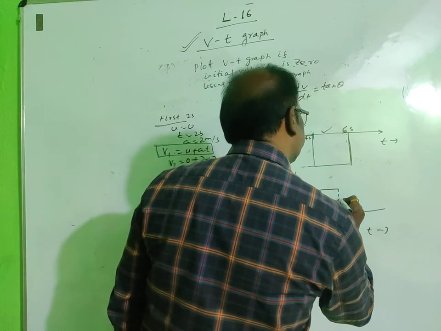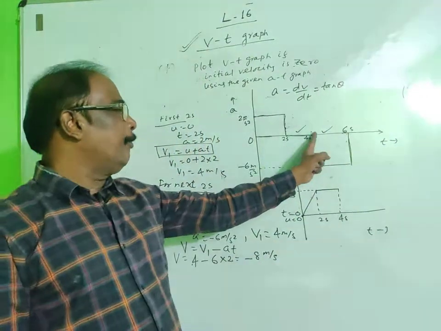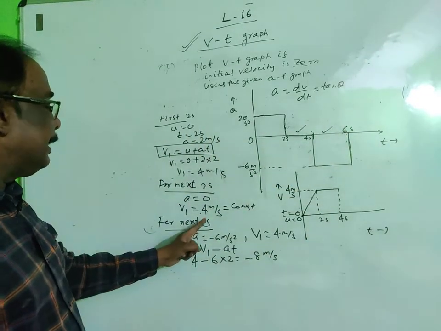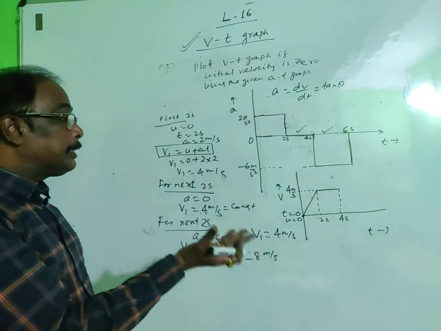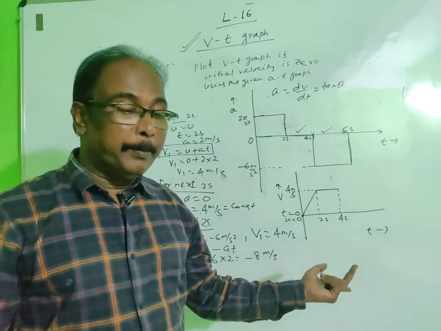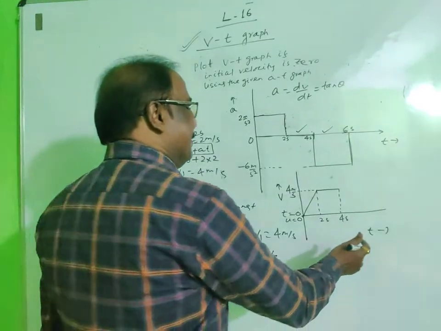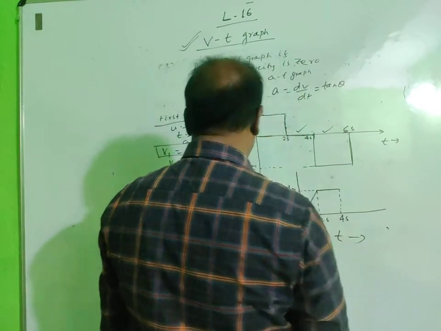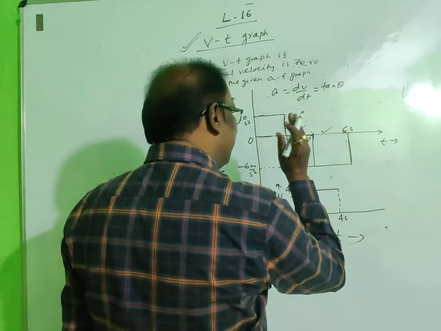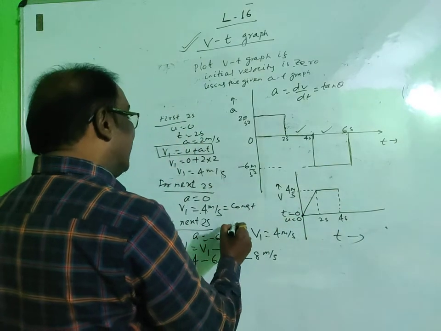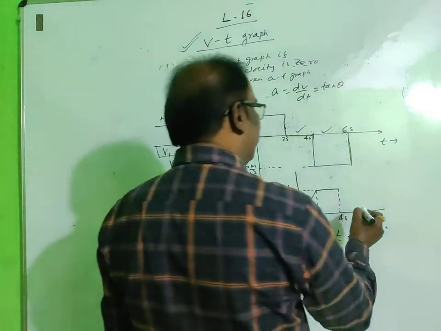Then for the next 2 seconds, from 2 second to 4 second, this velocity V1 remains constant. Then from 4 second to 6 second, the final 2 seconds, motion is retarded, and final velocity is minus 8 meter per second. This is the concept. From 4 second to 6 second, velocity goes from 4 meter per second to minus 8 meter per second.